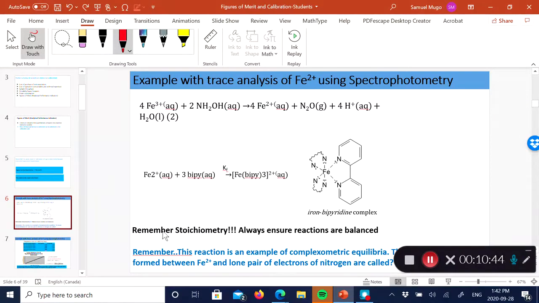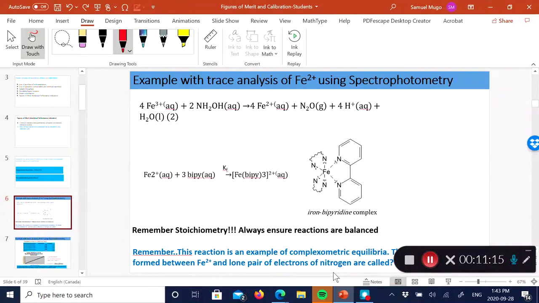So this one is complexometric equilibria, where you've got your iron reacting with the ligands that are present in the bipyridine. And you can see the ligands are these nitrogens that have got a lone pair of electrons. And so the bond that is formed between the iron center and the nitrogen is what you call the coordinate dative bond.